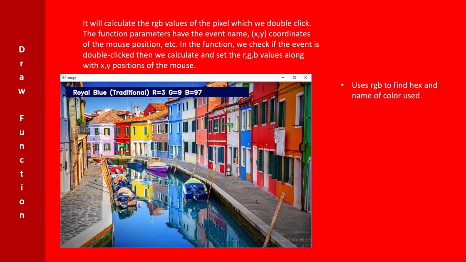So our draw function will, when we double click, get the xy coordinates and check the RGB values of those coordinates. It will take the RGB values not only of that coordinate, because that will be a very small area, but of a certain window whose size we will define, and that area's color will give us the RGB values from which it will then derive the hex and name of the color used.